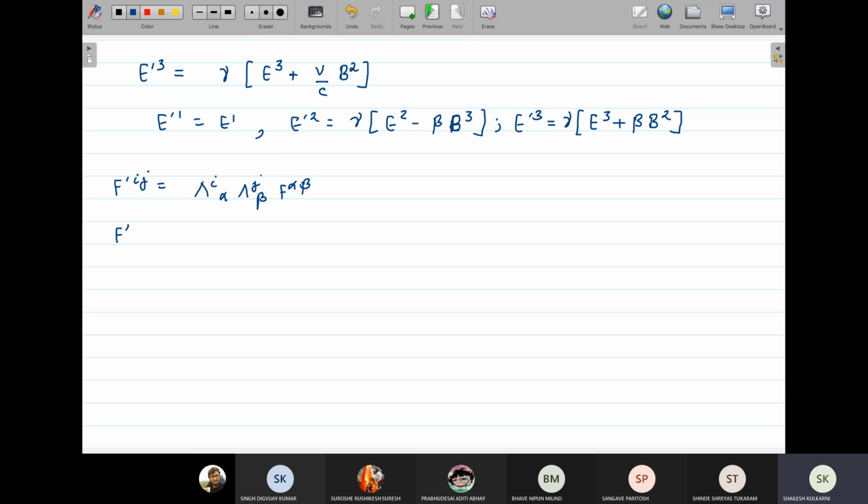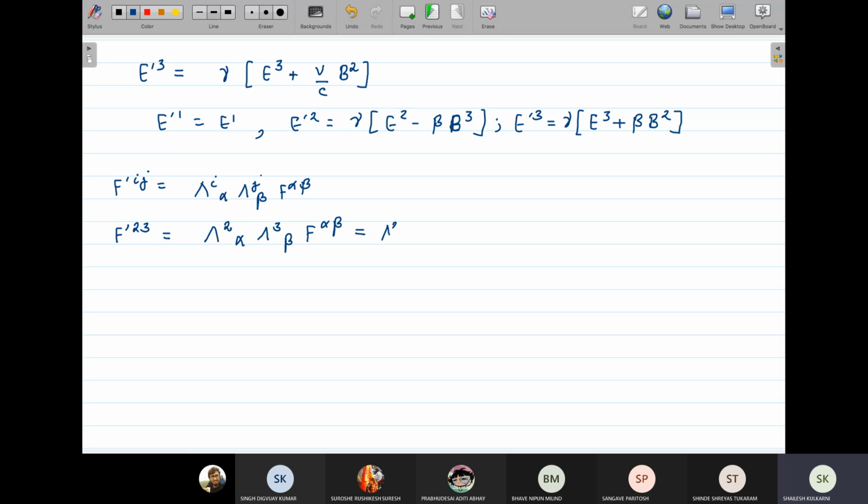So F prime 2 3, let us suppose I want to calculate. This will be equal to lambda 2 alpha lambda 3 beta F alpha beta. Now if the lambda upper index is 2, then alpha has to be 2. There is no other choice, because lambda 2 0 is 0, lambda 2 1 is 0, lambda 2 3 is 0.